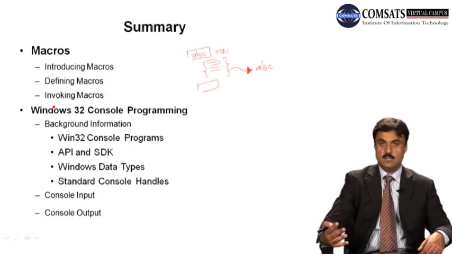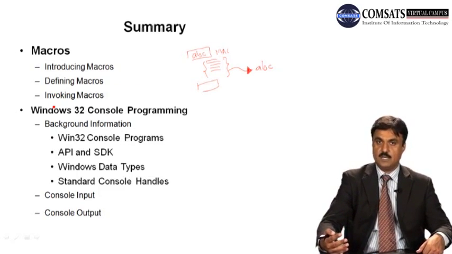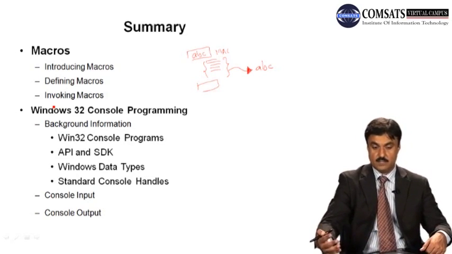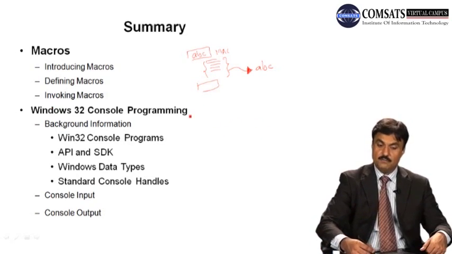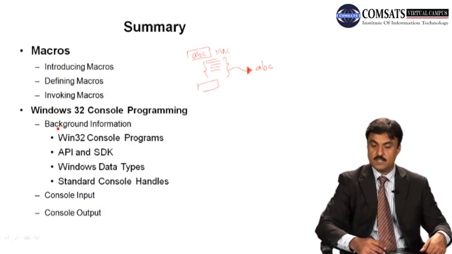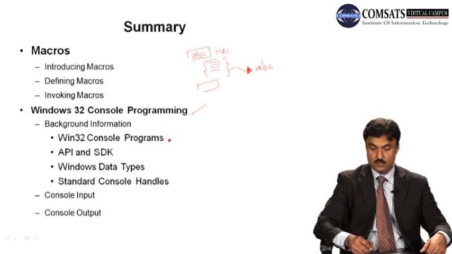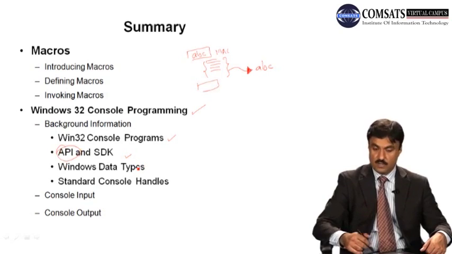And then we also discussed argument passing and the relationship between arguments and parameters inside the macros. Then we also discussed Windows 32 console programming. In Windows 32 console programs, we saw what the APIs and SDK are. We are using the Win32 APIs, and we have the Win32 console functions, which are part of the API.